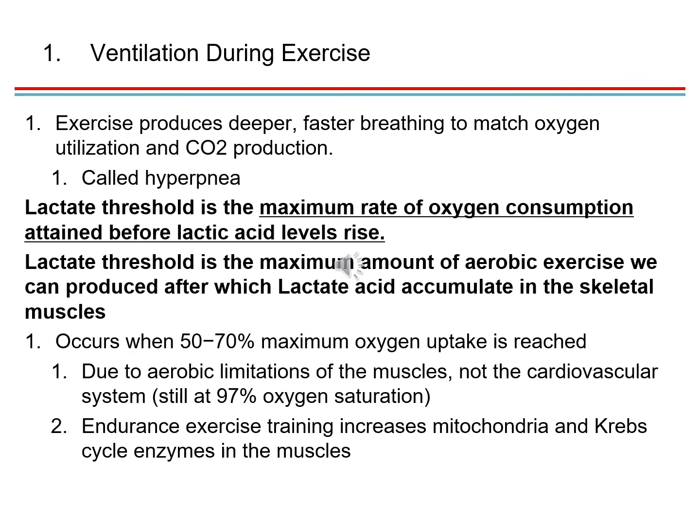If I start to produce a physical exercise, regardless of whether you are an athlete or a person who never exercises, all of us have a lactate threshold that we reach, because we produce physical exercise based on aerobic exercise.